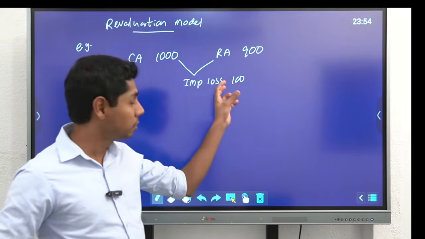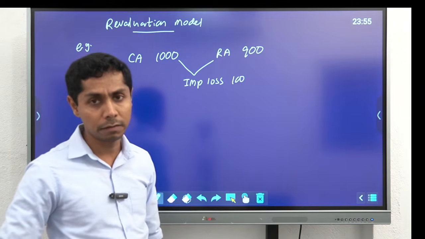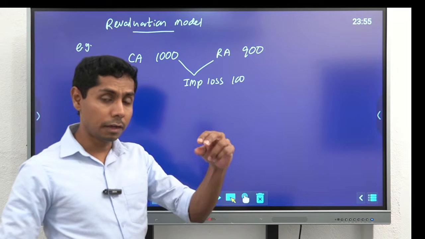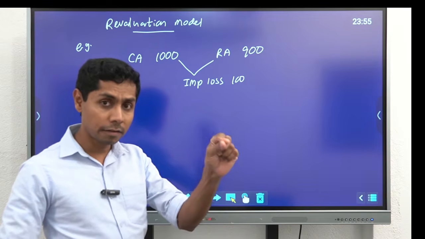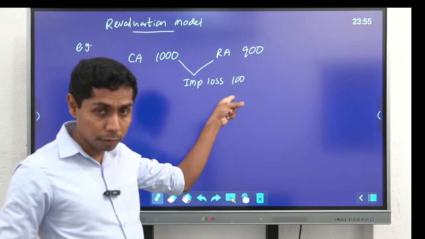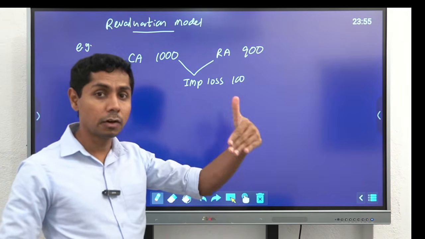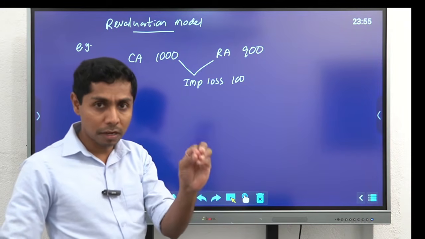Therefore it should reverse the previously recognized surplus to the extent of the impairment loss in the place where the surplus was originally recognized.